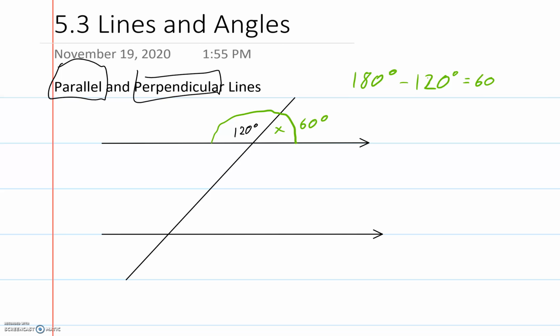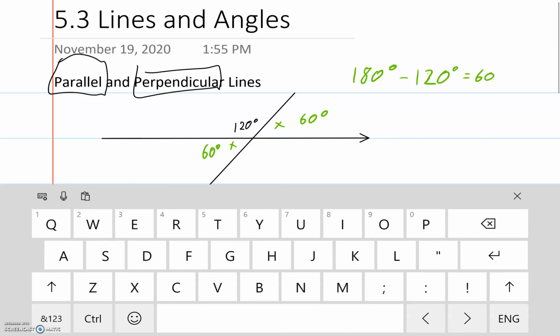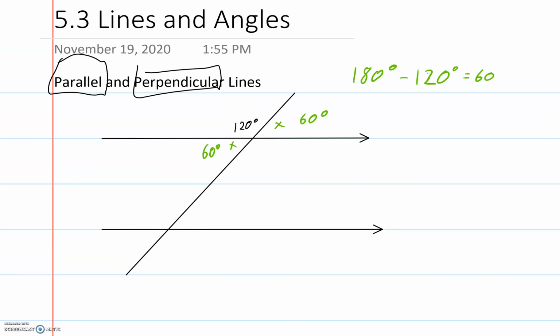Now we can do the same sort of rule over again. What about this way? Well, it's still 180 minus 120, and this is 60. Well, this is pretty neat. So this tells us that opposing sides are 60, and watch this. One more time, that's 180 as well. So 180 minus 60 equals 120.